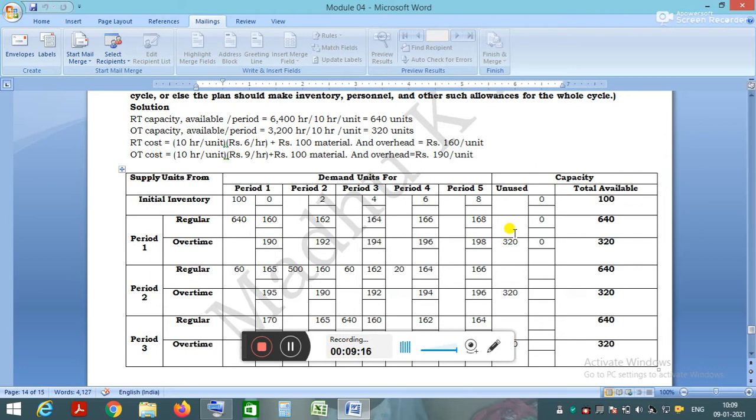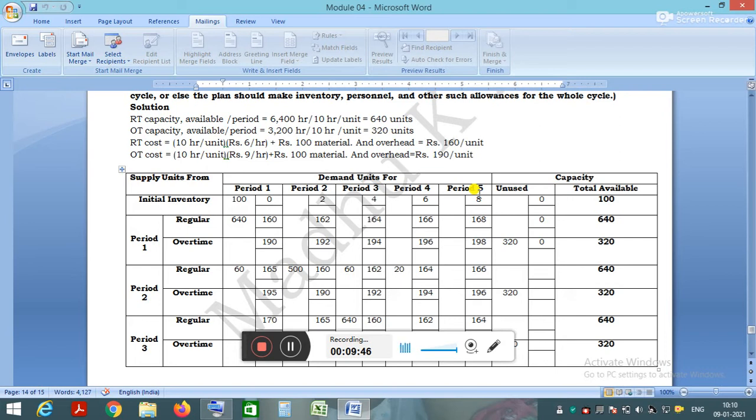I already explained what back ordering is, but in this problem back ordering is considered. First prepare a table as shown. We need to indicate the demand and the capacity in the vertical and horizontal columns: demand units for period 1, period 2, period 3, period 4 and period 5, because he asked us to solve the problem for 5 periods only.